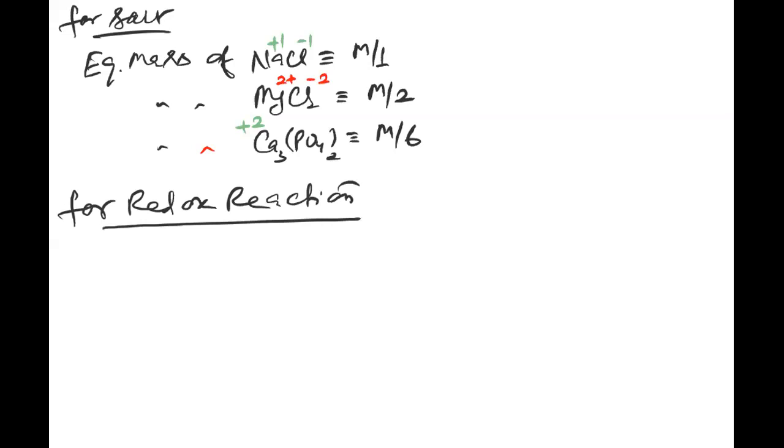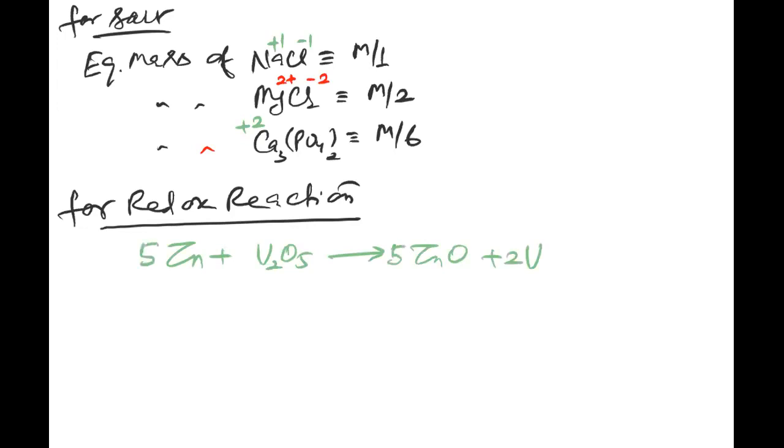Similarly, for redox reaction, in general, for any redox reaction, for example, let's say zinc when treated with V2O5 is converting to zinc oxide and vanadium. Its balanced reaction may be, it is 5 and it is 2 here.